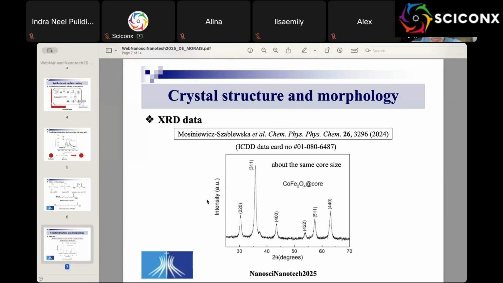This one I'm displaying on the screen is for the native cobalt ferrite nanoparticles, but all the recorded X-ray diffraction data for the set of 6 samples, the first one is the native, and we have 5 more samples with 5 different coatings, all of them presented the same X-ray diffraction data. So next slide, please.